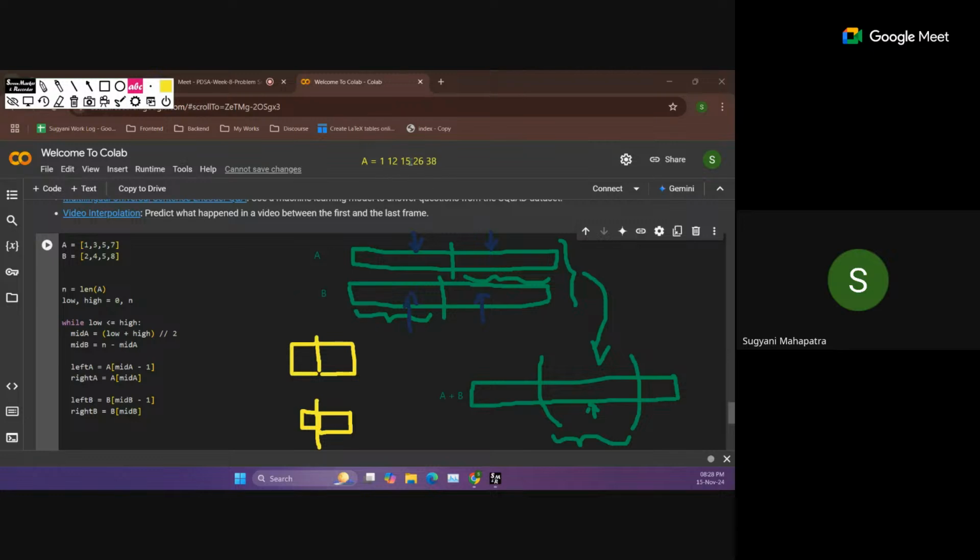If A is equal to this and B is equal to 2, 13, 17, 30, and 45. Now what will happen in this scenario? Or let's say this is equal to 25. Which ones are the middle elements? This 12 and 15, right?